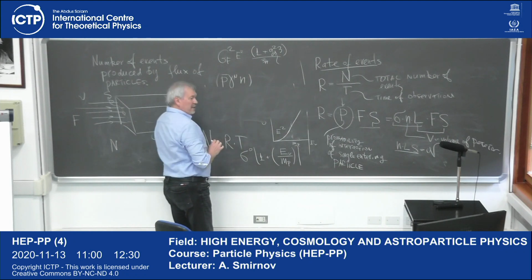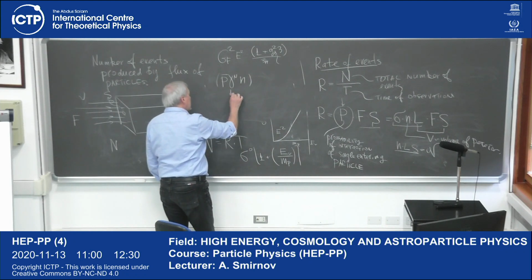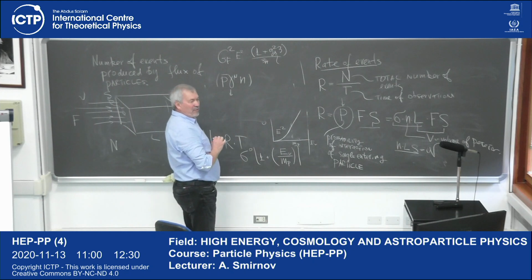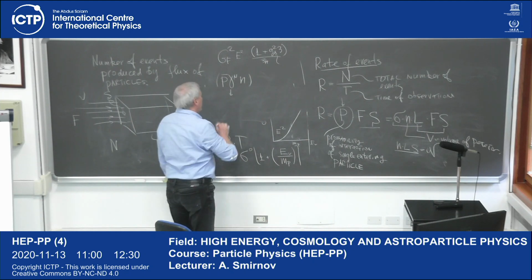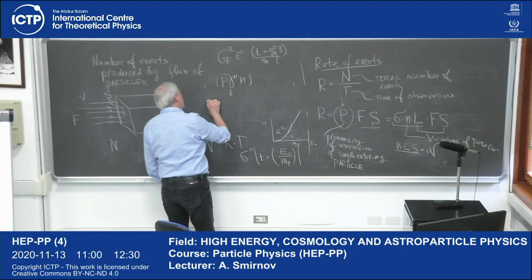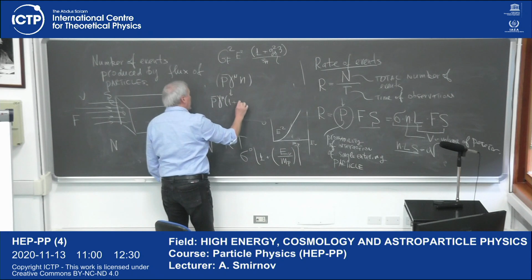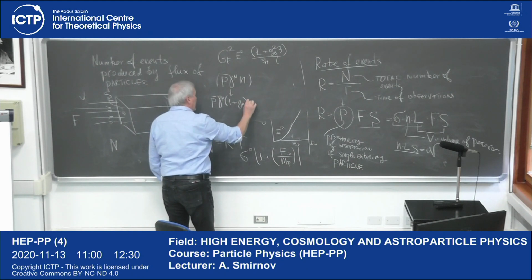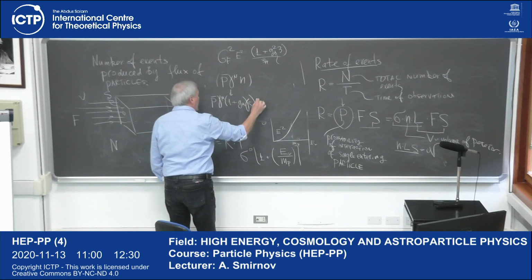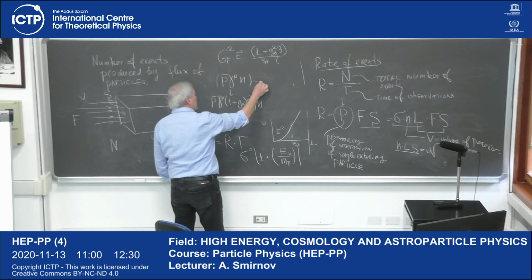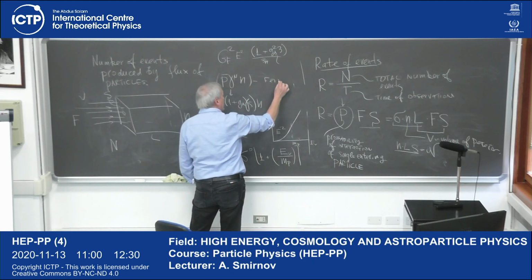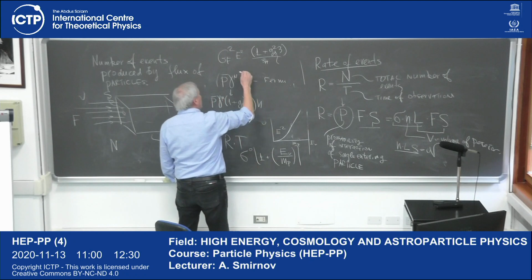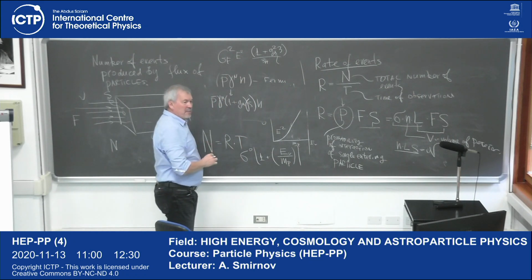This is not the complete expression, because the exact current has the form p gamma mu (1 plus G_A gamma 5) n. So this is what Fermi used, and this is what we used in my naive computations.